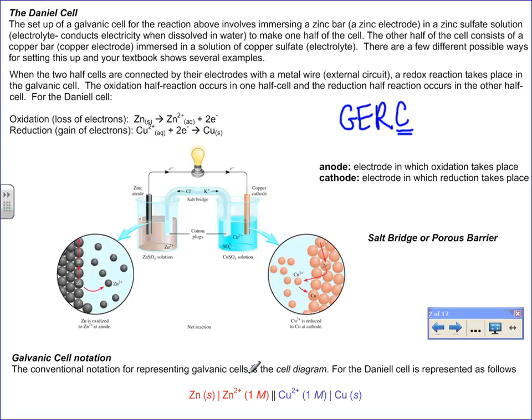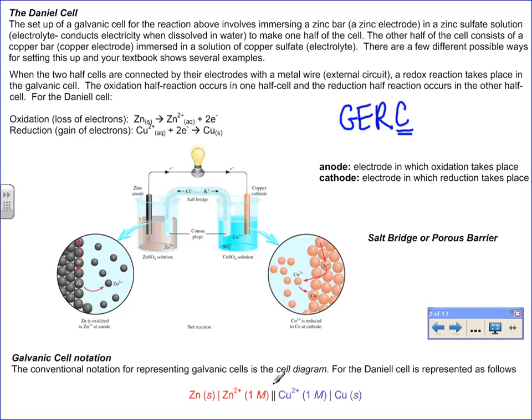When you use galvanic cell notation, what you need to do is place the anode on the left-hand side always. So in this case, we've got zinc in a zinc solution. This vertical line represents the separation of the two in terms of their states. So you've got a solid in the solution.